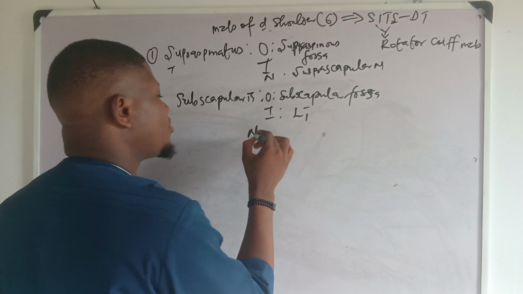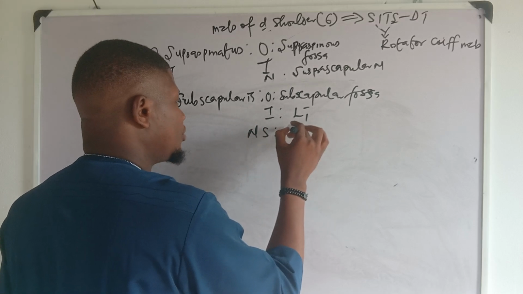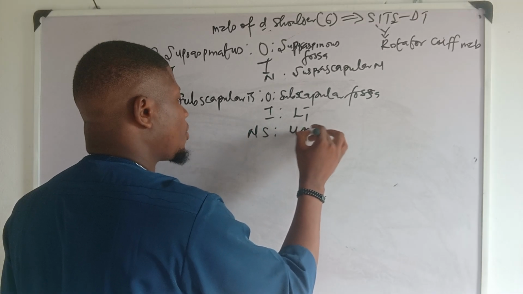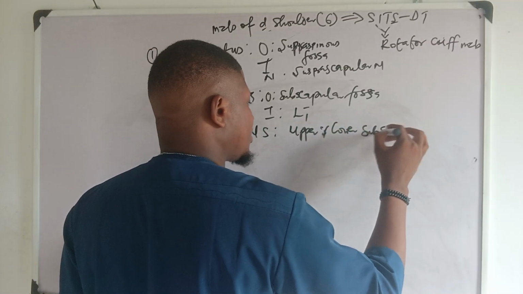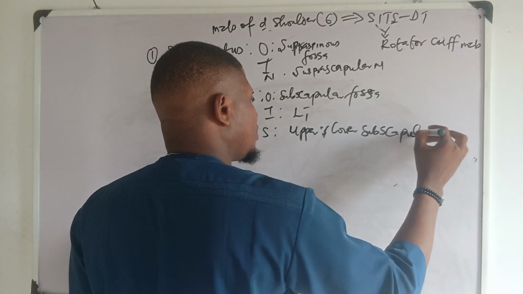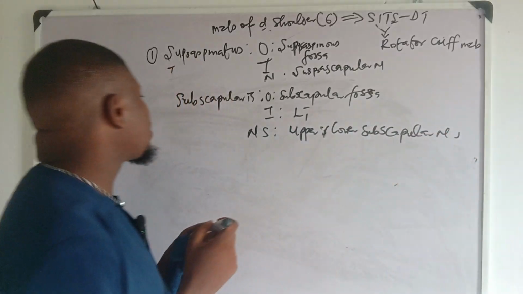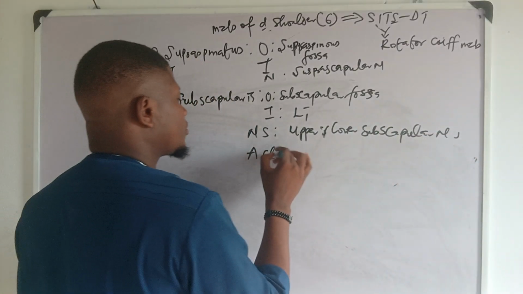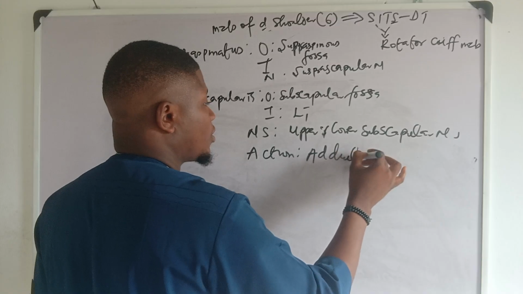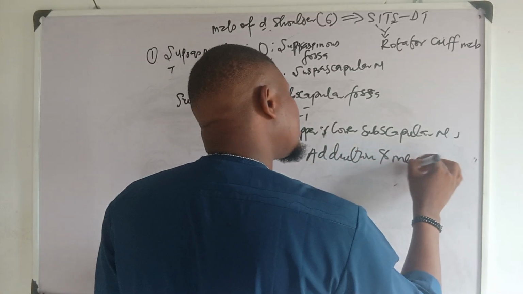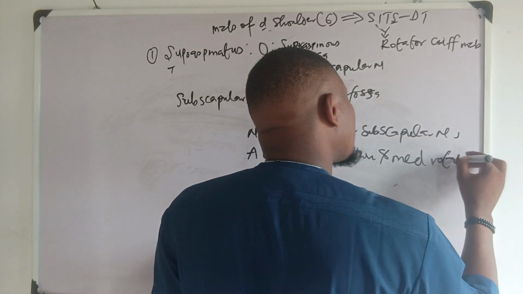This guy is a hybrid muscle, supplied by both upper and lower subscapular nerves. Then action: it does adduction and medial rotation of the arm.